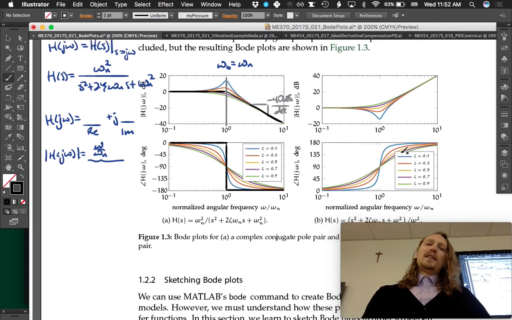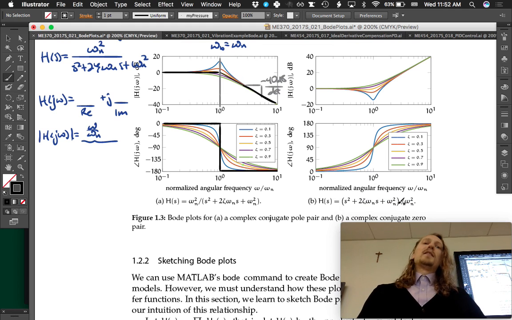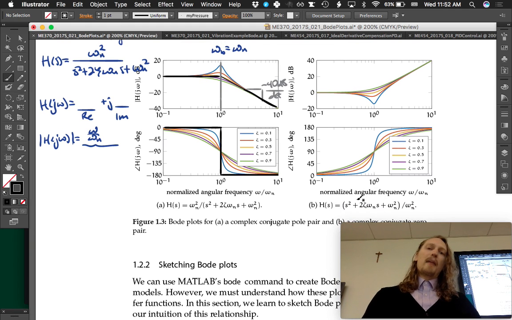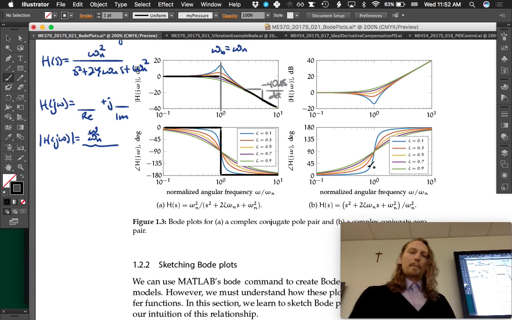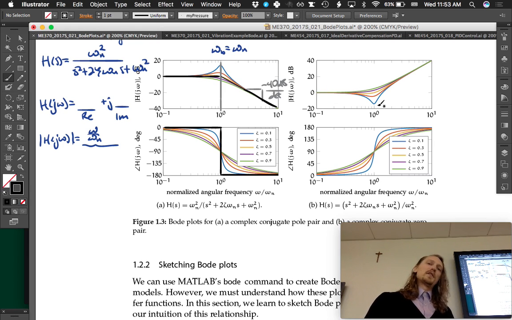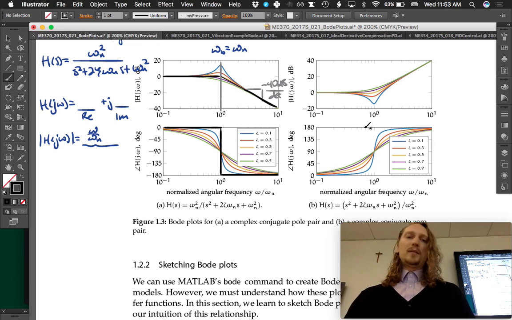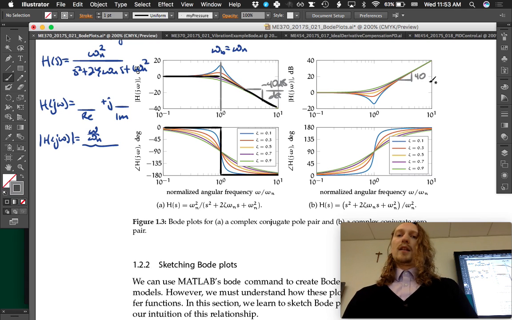And as far as the complex conjugate 0 pair, which does happen, it's not super common, at least in the problems that you'll see. You will have essentially the reverse of this. Instead of going at negative 40 dB per decade after the break frequency, it'll go at positive 40 dB per decade.